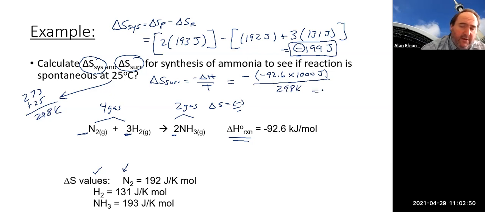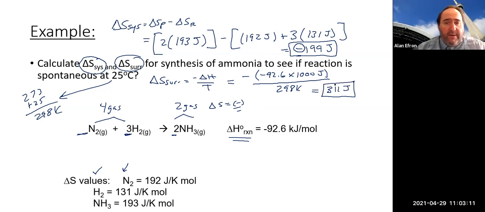That gives us our surroundings of 92.6 times 1,000 divided by 298, going to give us a positive, we'll call it 311, and because I converted into joules, it would be 311 joules for our surroundings.